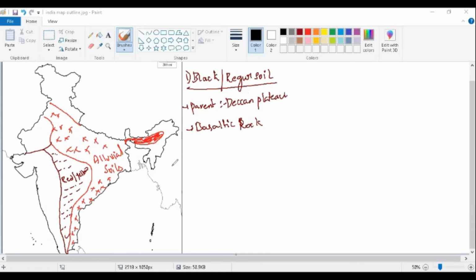And next, water holding capacity is more.